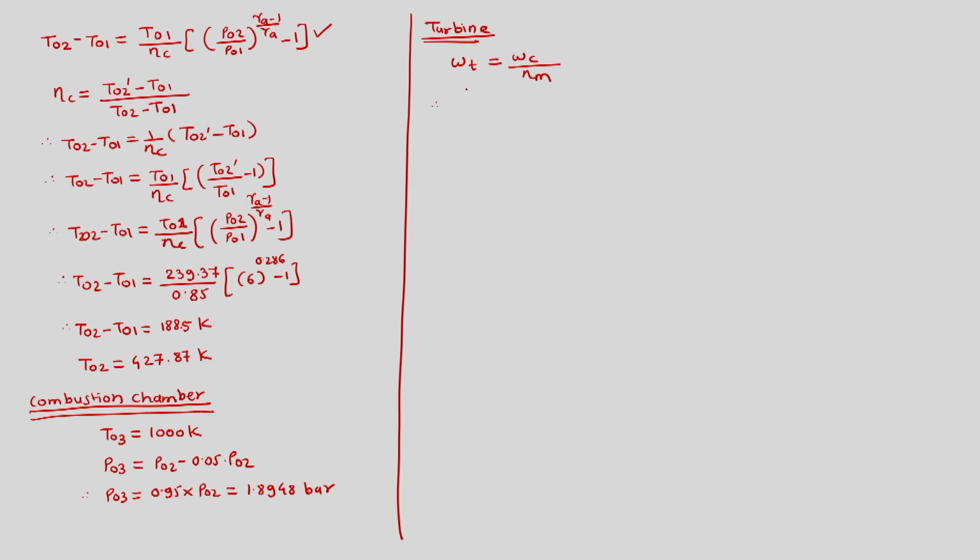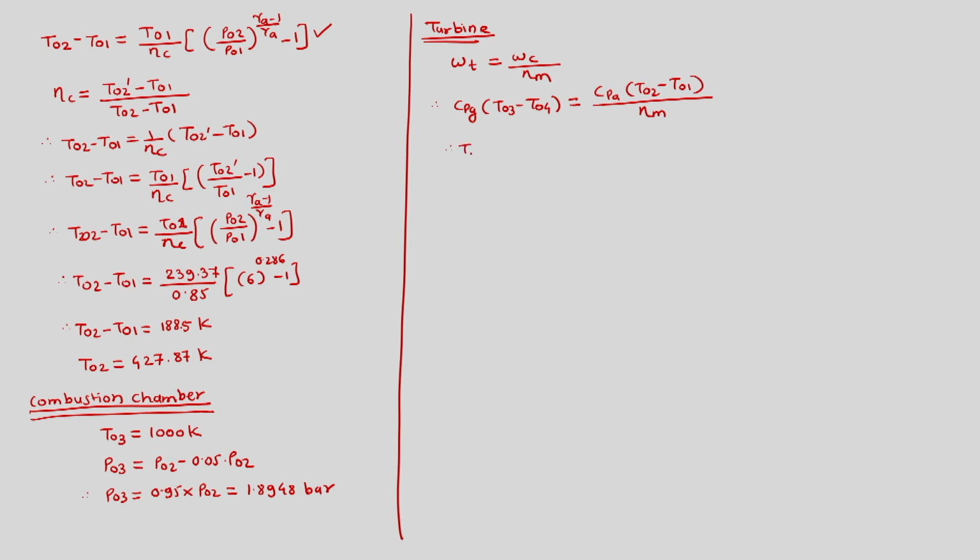We know turbine work is equal to Cp of gas into T naught 3 minus T naught 4. We know compressor work is Cp of air into T naught 2 minus T naught 1 divided by mechanical efficiency.